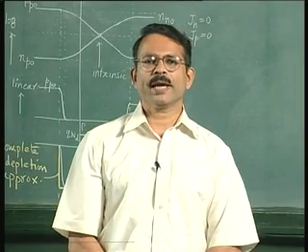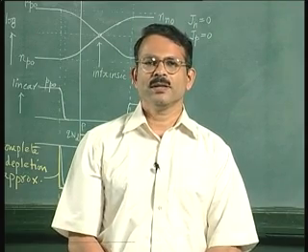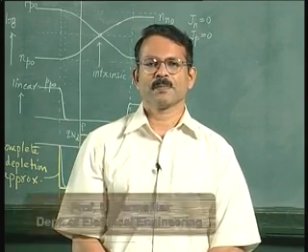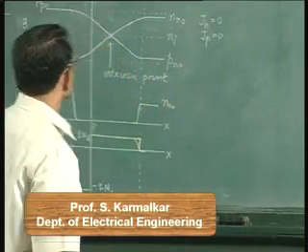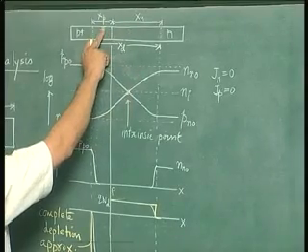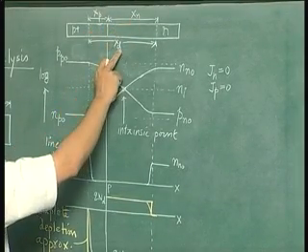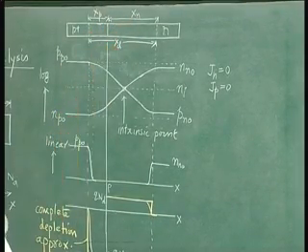Now we need to make a quantitative analysis and get values of the various parameters, namely the width of the P and N regions, the width of the depletion layer on the P and N side, Xp and Xn, and therefore Xd.